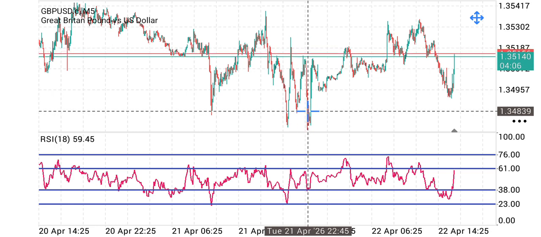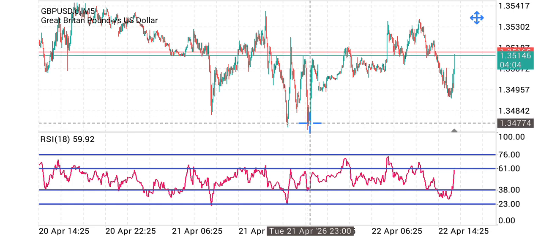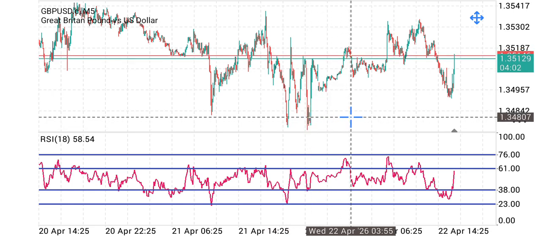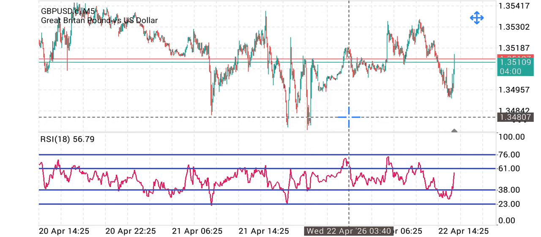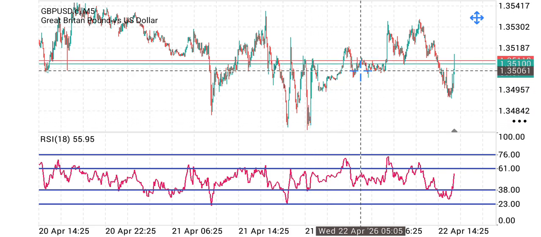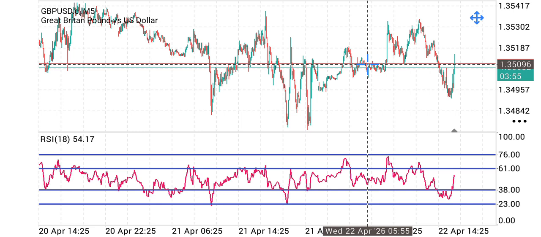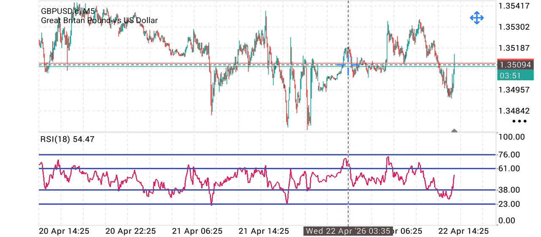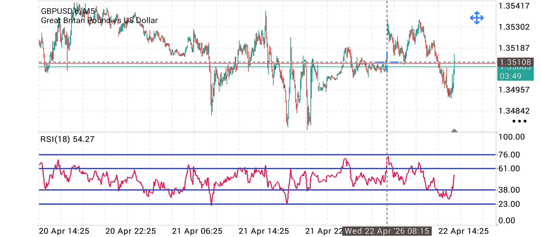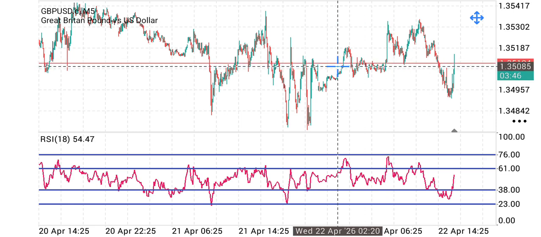As you can see here, it gave us a very beautiful resistance. Then we entered and held up until 5 o'clock, from here up until there. It's a beautiful profit.